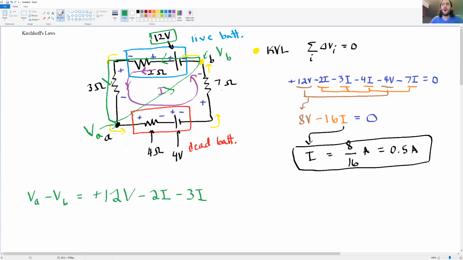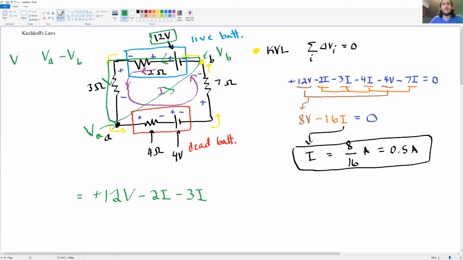And then, well, we've gotten to this point here that we're interested in knowing the potential difference across, right? So if I go from the point A to the point B, then that's like subtracting VAB. So let me just make this crystal clear here that we're applying this correctly. Let me just get rid of this here. Let's put this off to the side. Let's bring this up here.